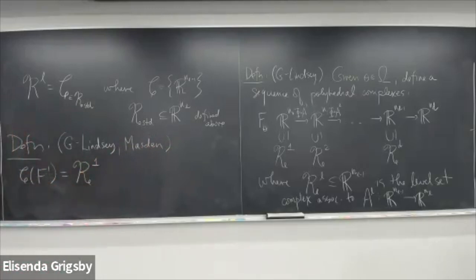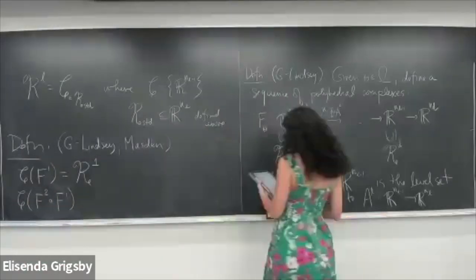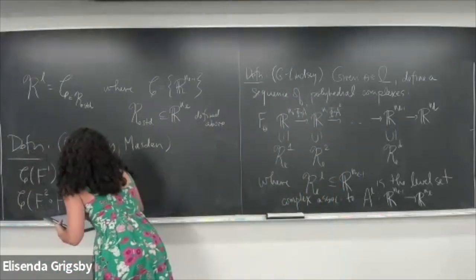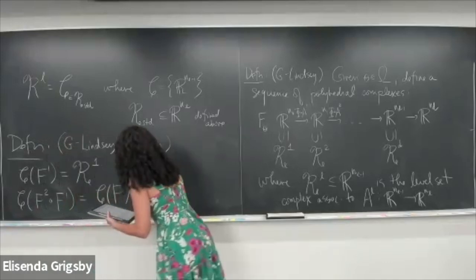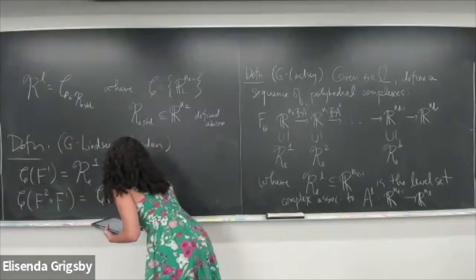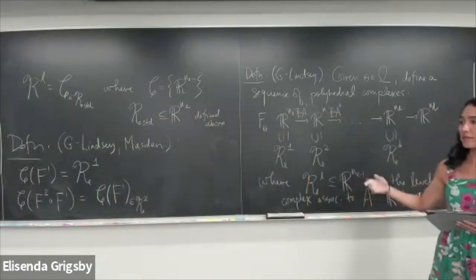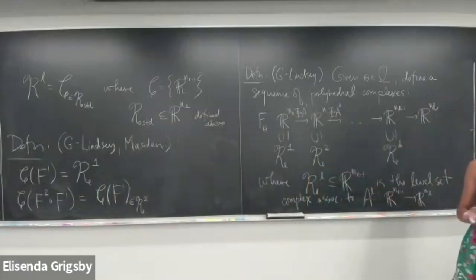And if you have a depth 2 network, you're going to iteratively define a level set complex by pulling back the level set from the next map. So this is the level set complex associated to F1, but where you're pulling back the cells of R2.